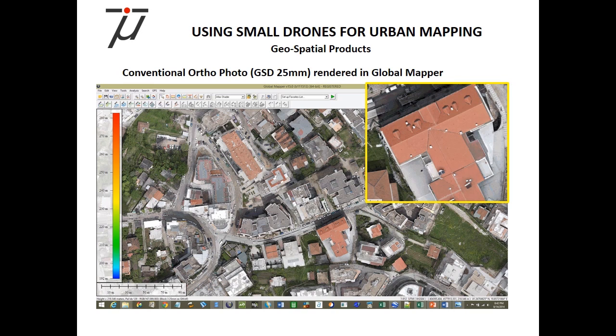And this on the right-hand side is just a bit of a blow-up of the roof line of this building here. You'll notice that as opposed to classical photogrammetry products, you see a little bit of the side wall of a building, because you only have a very sparse distribution of perspective centers where the images get taken.